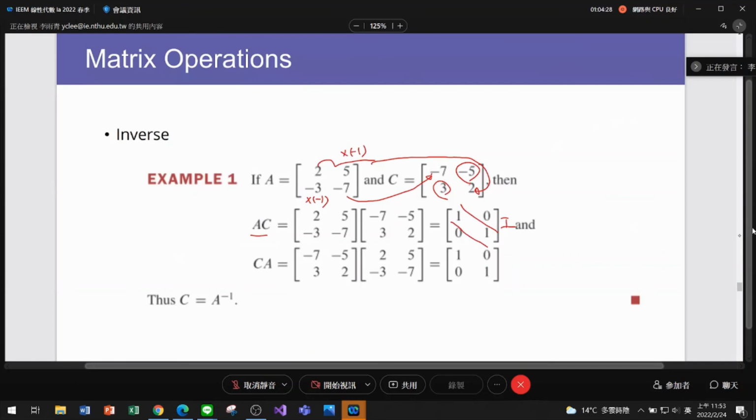Also, we can compute the product CA, and when we do the matrix multiplication, we find that this is also an identity matrix. So we have verified that C is A inverse.